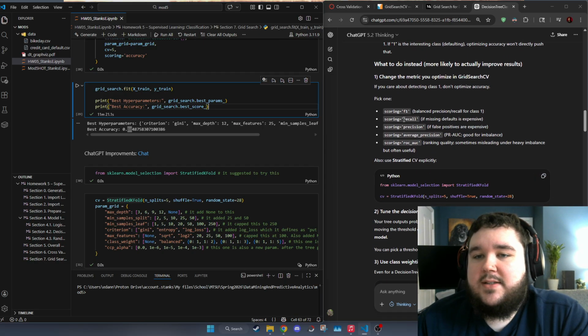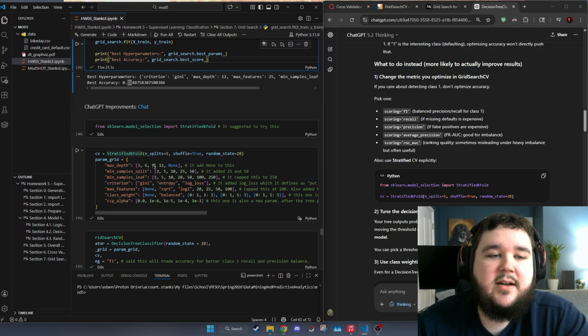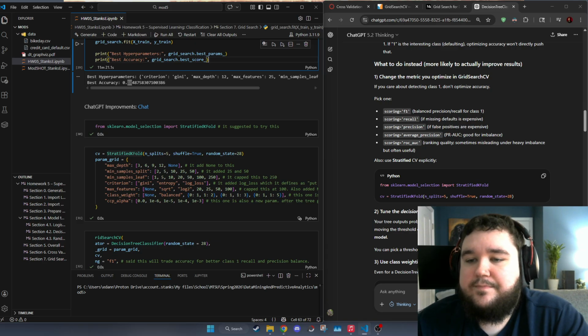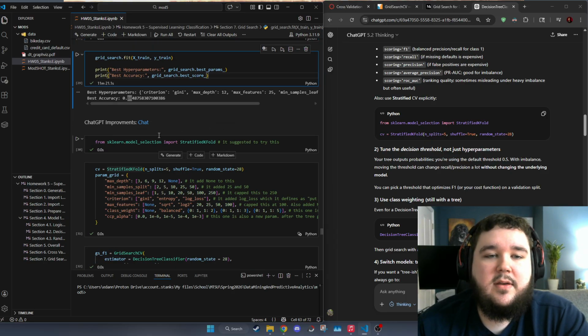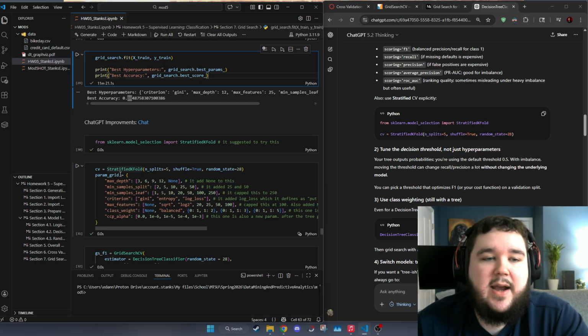So it told me some things to try to improve. It said to focus on recall. So it gave me this cross-validation, stratified k-fold. So I added that in here.